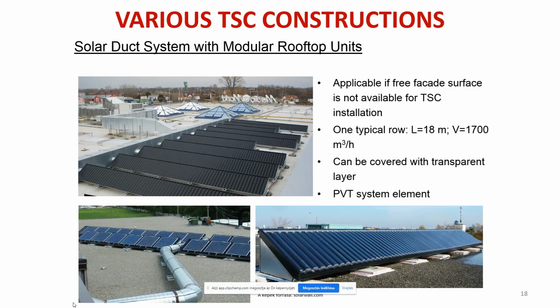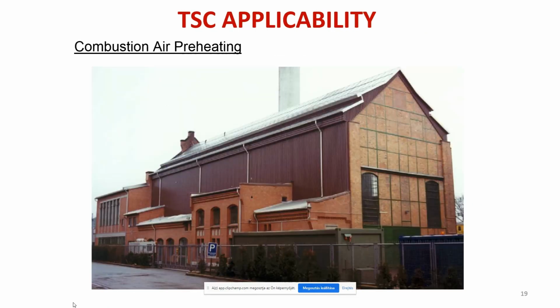Here you see another image of the duct type transpired solar collector, and the one below is the same system equipped with PV, and the PV itself has so much thermal loss that this loss can be utilized in a way of transpired solar collector air heating, further increasing the efficiency of the PV.